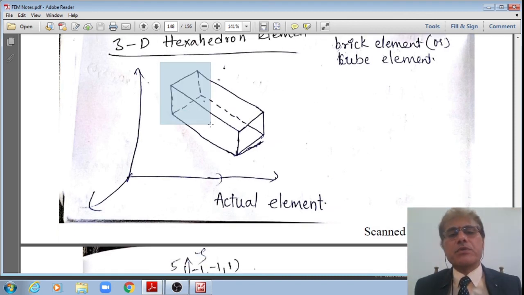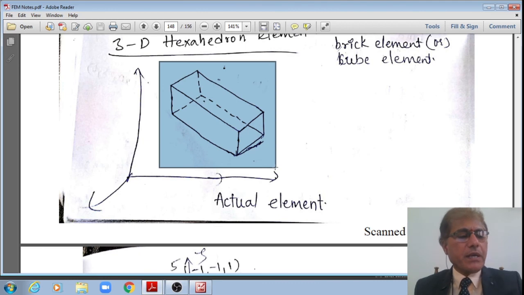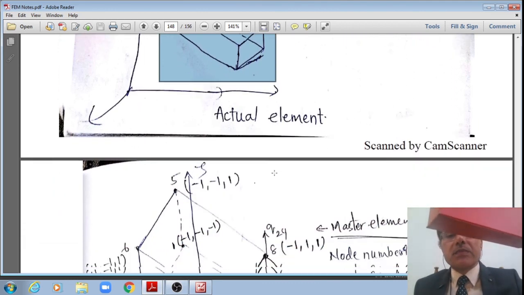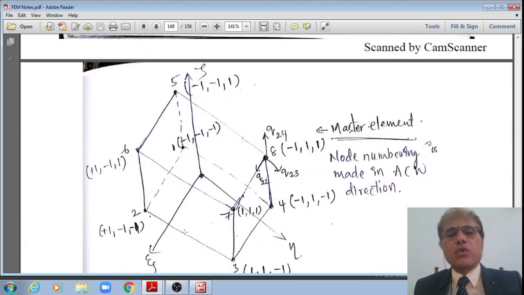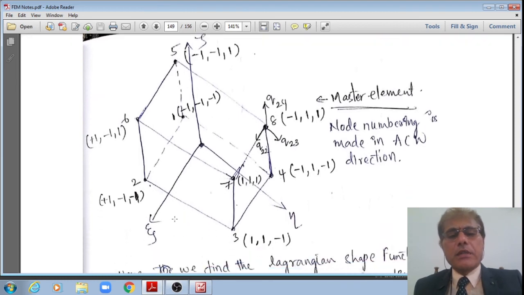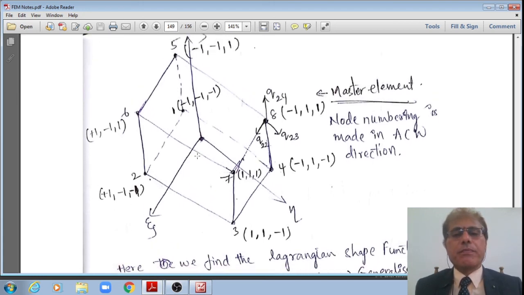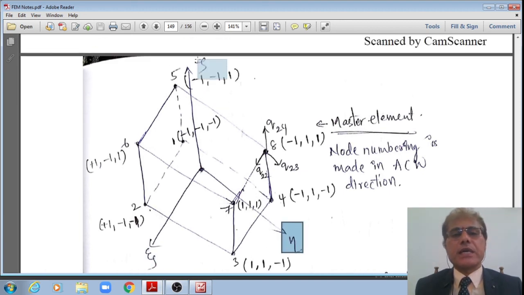That is the actual element, student, which resembles a brick like this, whereas that is now shown in the local coordinate system as a master cube, along xi eta zeta direction.